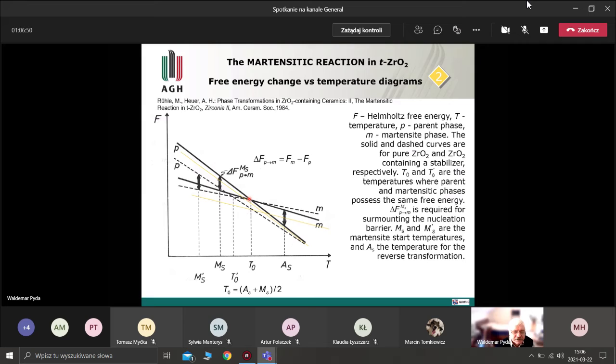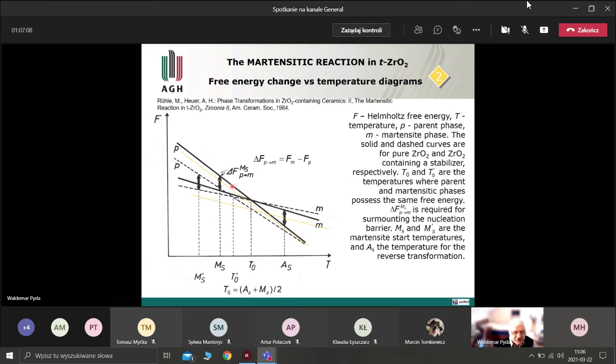Is this phase stable? I think it could be metastable or something. Yes, it is metastable.